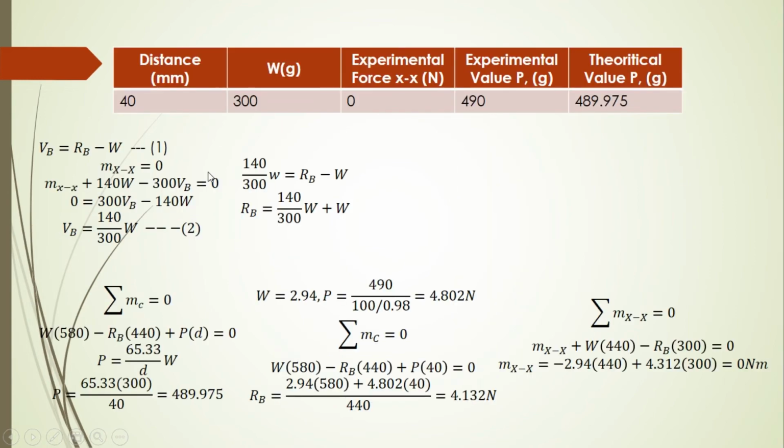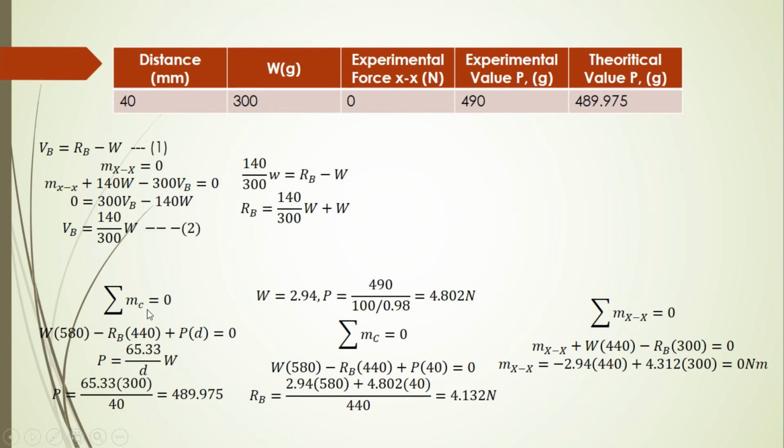Next, in the theoretical part, firstly we must find RB, but to do that, we find the VB equation 1 and VB equation 2. This is for force and this is the calculation for moment MXX. We substitute 1 and 2 and we get the RB equation.